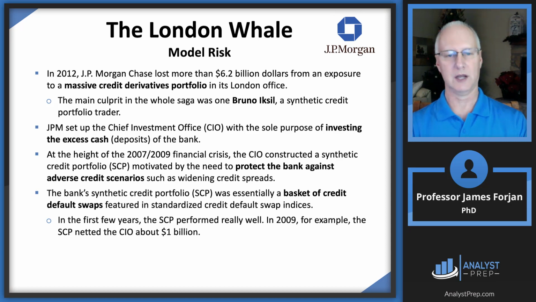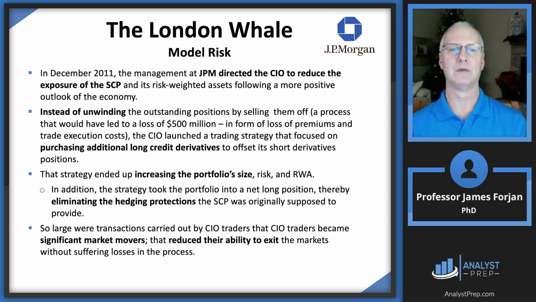And essentially this looked an awful lot like a basket of credit default swaps. And these credit default swaps were written not mostly or mainly on individual issues, but on stock market indexes. Now, of course, in every scenario, this works really, really well. But over time, what's going to happen?